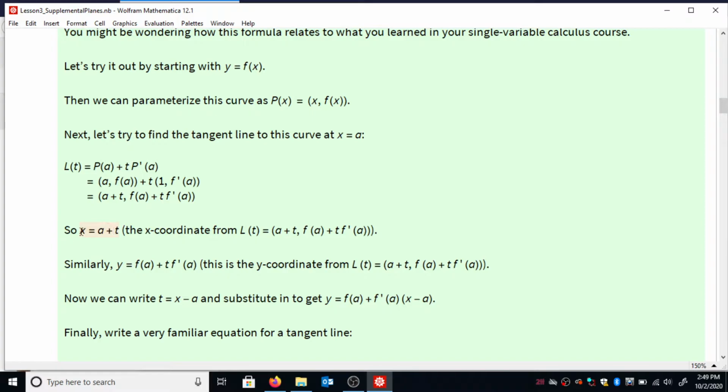Oh, wait a minute. If x is equal to a plus t, I can solve that for t and see that t equals x minus a. Then I could substitute this t equals x minus a into my equation for y, and I get y equals f at a plus f prime at a times x minus a.